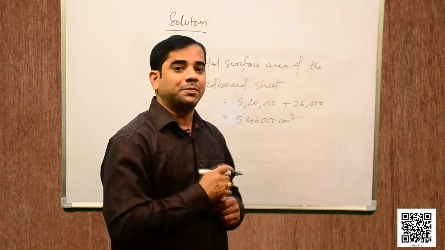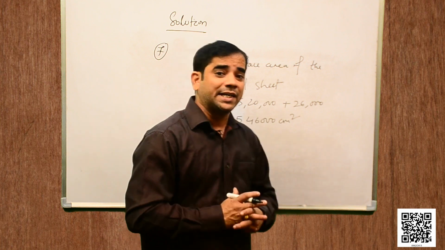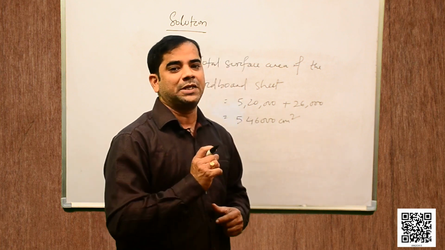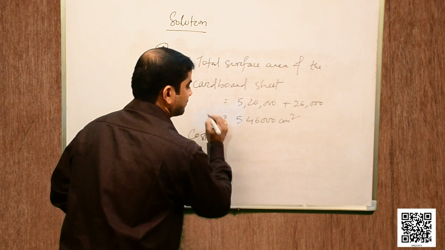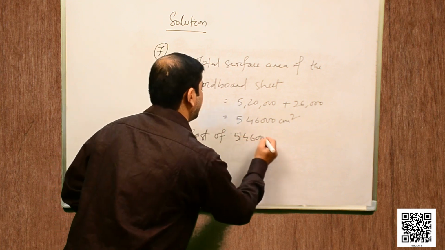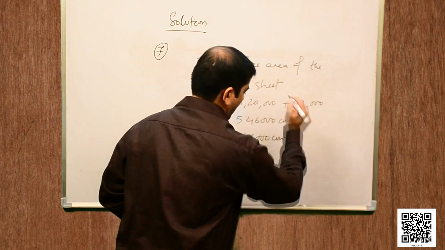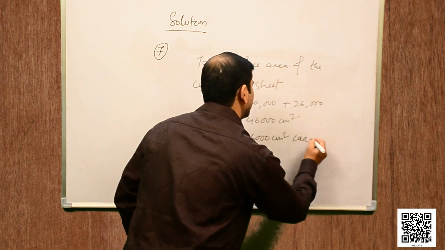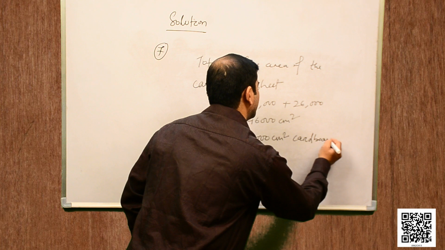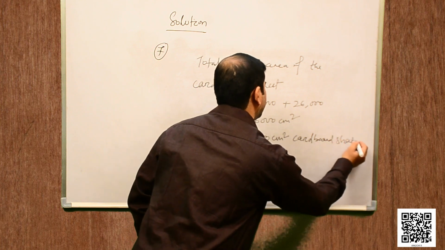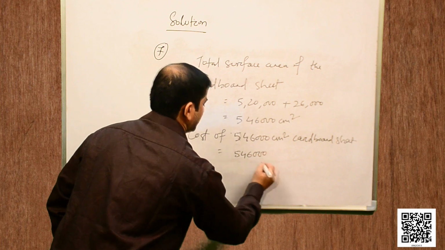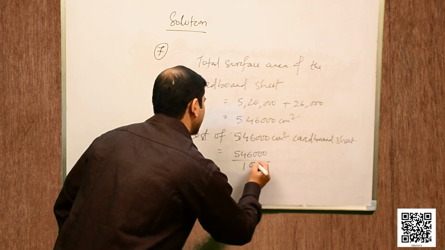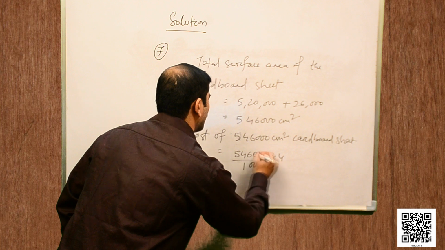Fine. So what should be the cost? Cost of 1000 centimeter square cardboard sheet is rupees 4. So cost of 5,46,000 centimeter square sheet will be 546,000 divided by 1000 into 4.